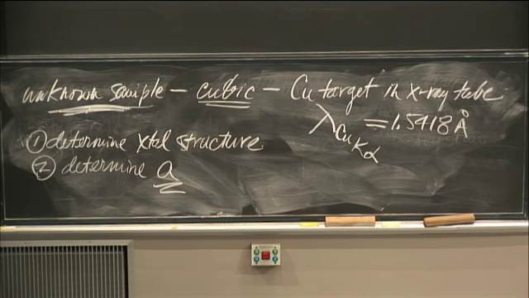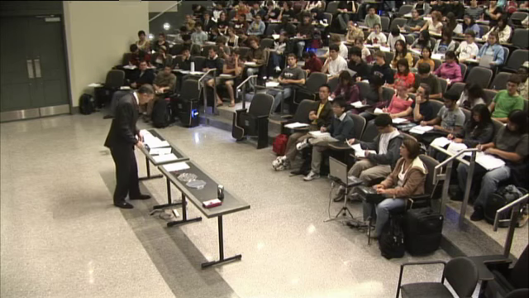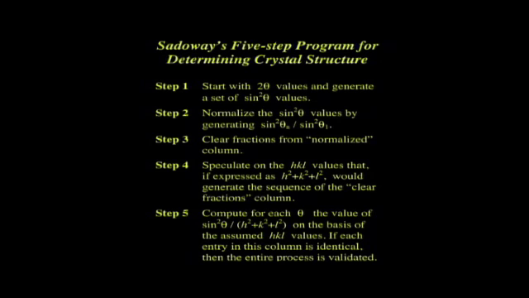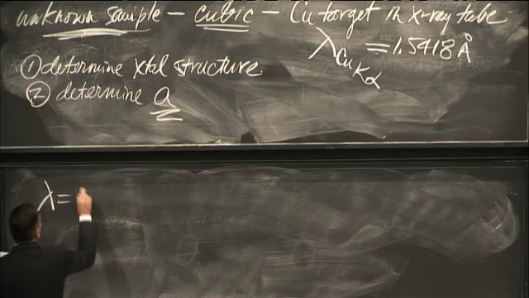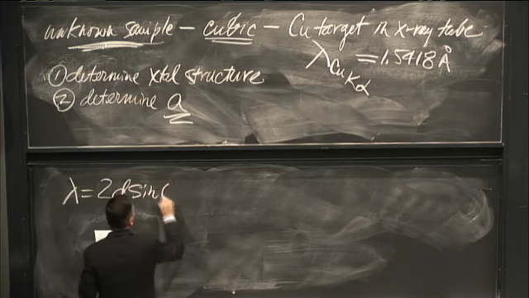So how are we going to do it? We're going to use this technique. This is my self-help book for you. And here's the key. There's a way to unravel this, and the way you unravel this is to take these 2 relationships. You have lambda equals 2d sine theta.